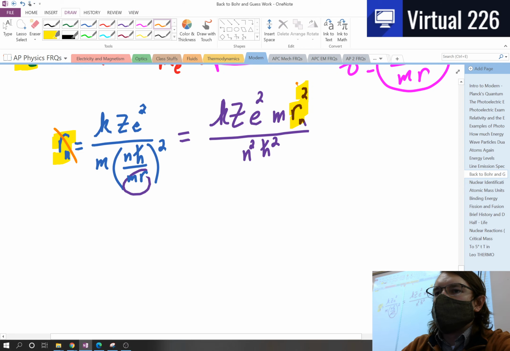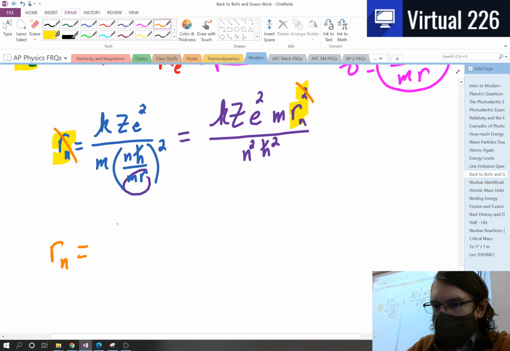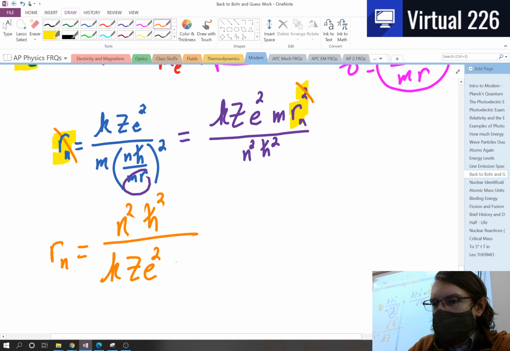So dropping one of the r's out, and then basically playing a reciprocal game or a cross multiplication, we are going to get that r_n is equal to n squared h bar squared over k z e squared m.